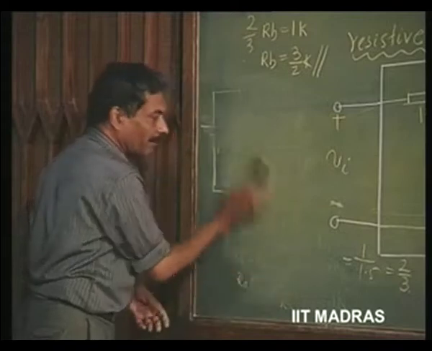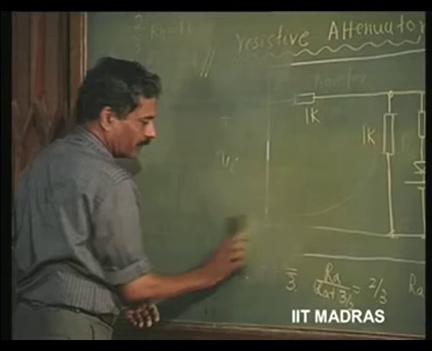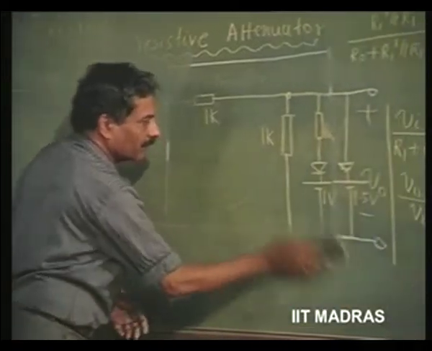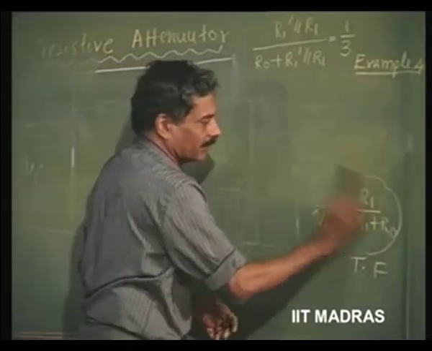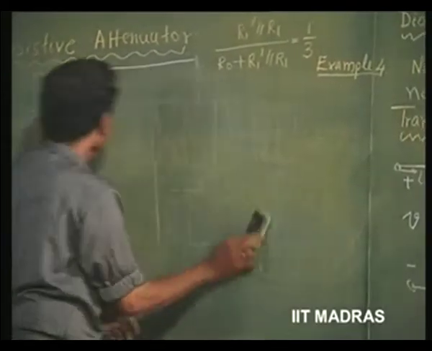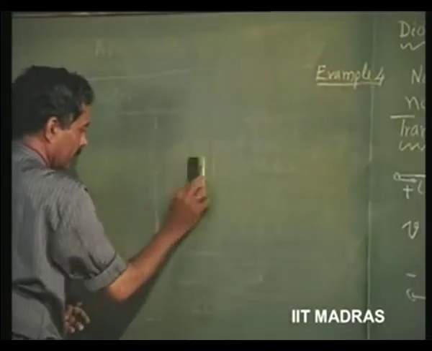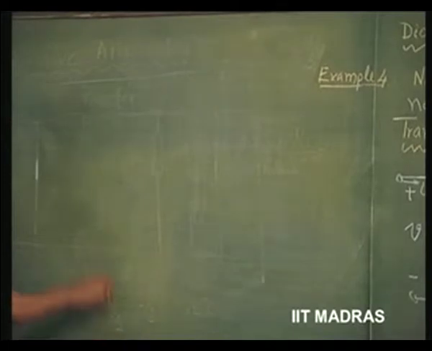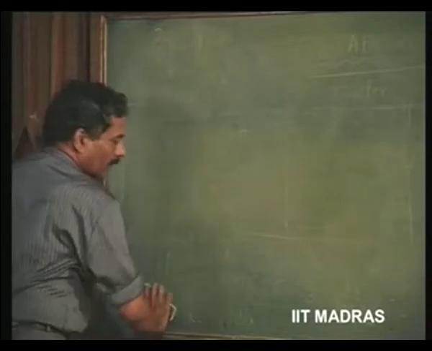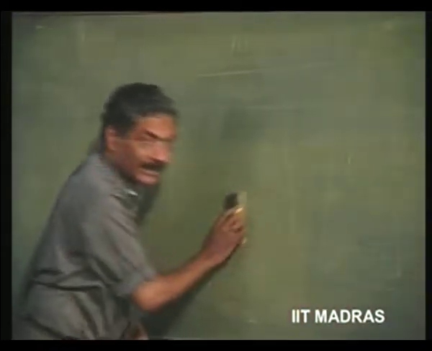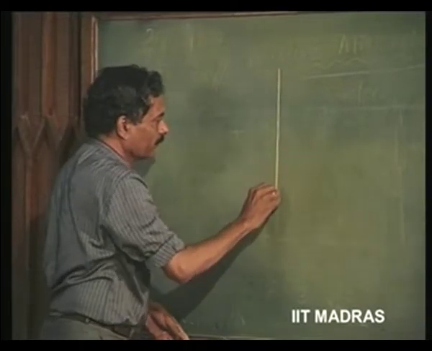for you to solve. I am going to give you a problem which you have to solve before you come to the next class in order to understand this whole concept of transfer function synthesis. So, the problem is to obtain a nonlinear resistive attenuator whose characteristic is going to be as shown, using only 2 batteries and resistors.